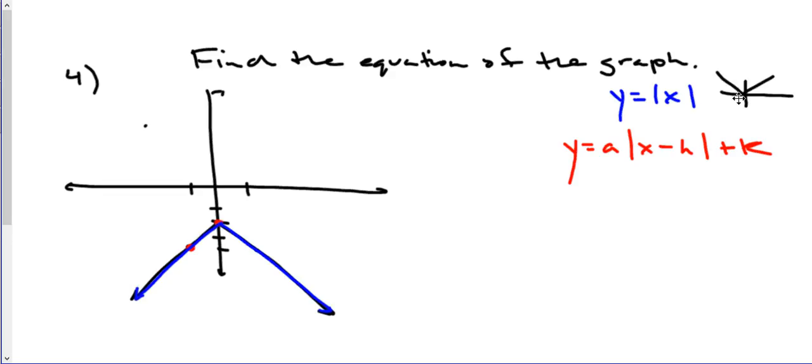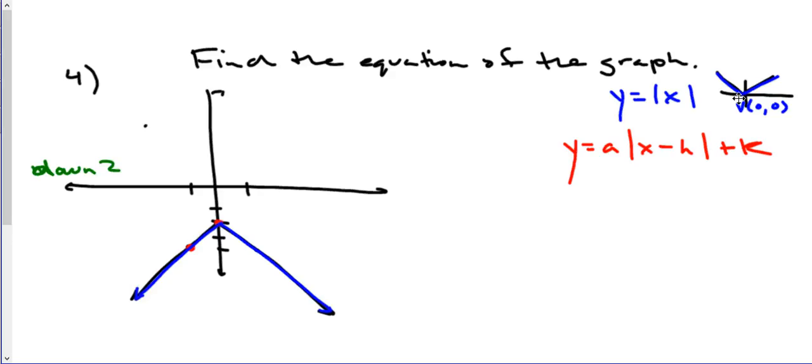So what I always do is when I look at this, I say from the parent function, the absolute value function, look at the vertex and determine how the vertex has changed. Then I can plug it in here. Well, from here, I notice that this graph, from the original y equals absolute value of x, has moved down 2 units.